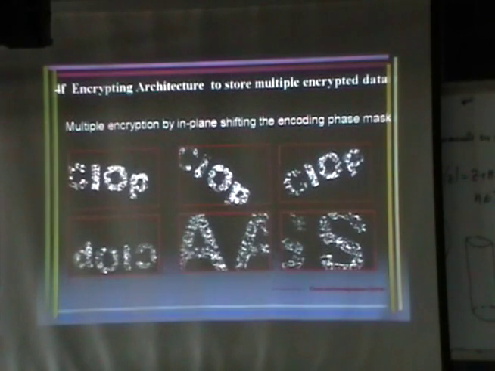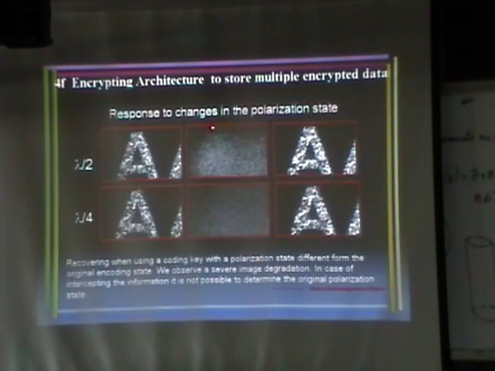These are different images that are stored by shifting the second mask in your system. Another possibility is to change the polarization of the reference beam, for instance, by plates that you can shift, or you can control the ellipsometry of your system in a controlled way. And you can use it to encrypt as well.